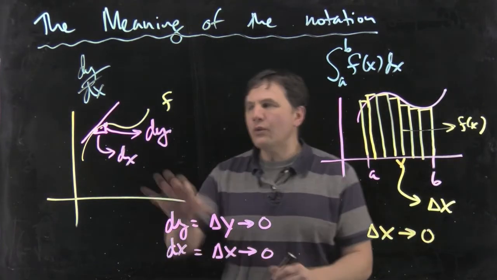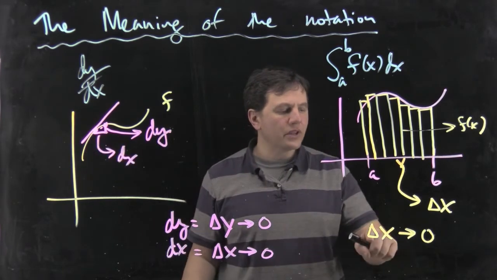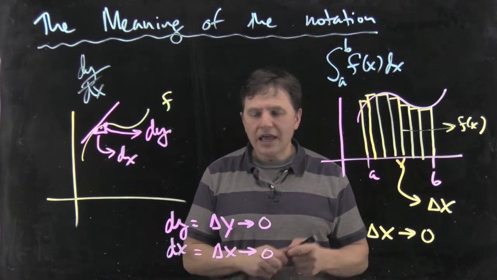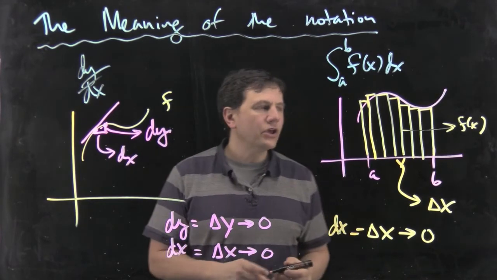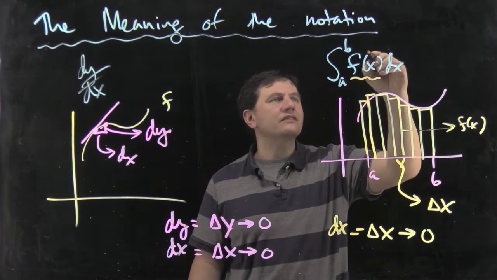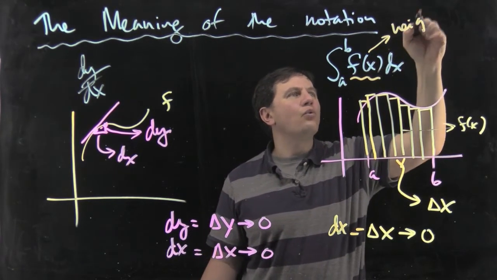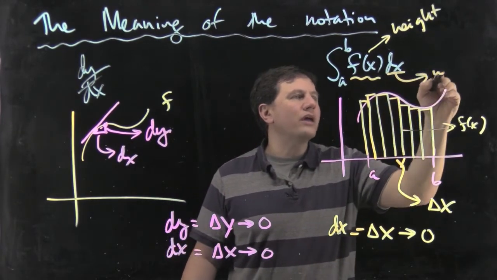Just like we limited both dy and dx to 0, we're limiting delta x to 0 here. And once again, we have a name for that: we would call that dx. So in this notation, when you see f of x dx, this would be the height of one of our rectangles, and dx would be the width.